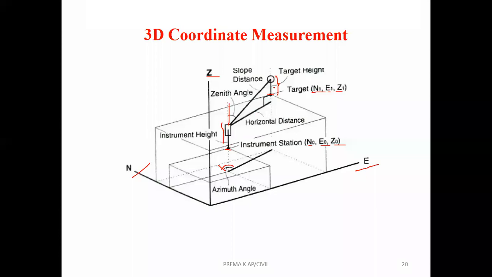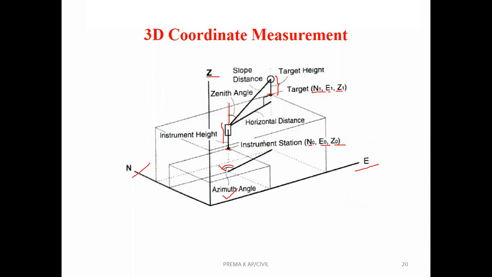These both are not on the same horizontal plane. So what is the slope making with this? So this is our total station. This is the target. So what is the angle making by it? It is taken as slope distance. So with the vertical, what it is making means it is zenith angle. In the horizontal direction, it is azimuth angle.